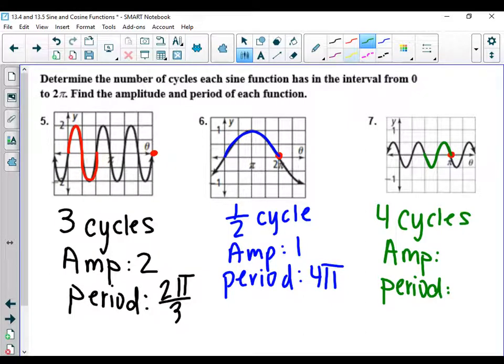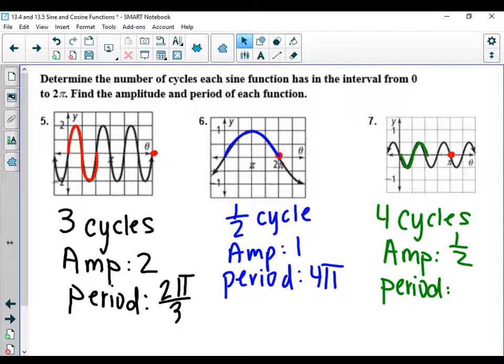So what's the amplitude here? 1/2. Okay, we only go up as high as 1/2. And then the period of the function. So this is sectioned off by 1, 2, 3, 4. So this took up 2 sections. So what's the period of the function? Pi over 2.